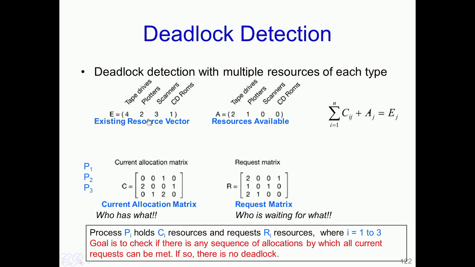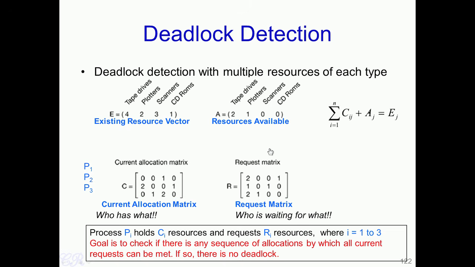Similarly, if you look at plotters, out of the 2 plotters, 1 is allocated and 1 is free. Out of the 3 scanners, we see that all 3 scanners are allocated, so it is 0 over here. Similarly, there are no CD-ROMs available to be allocated.